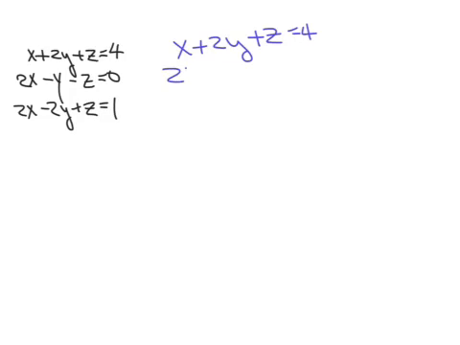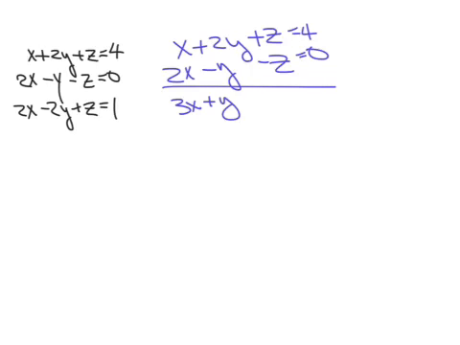And 2x minus y minus z. So let's add those. Those go away. Okay, so now we have one equation with two variables.